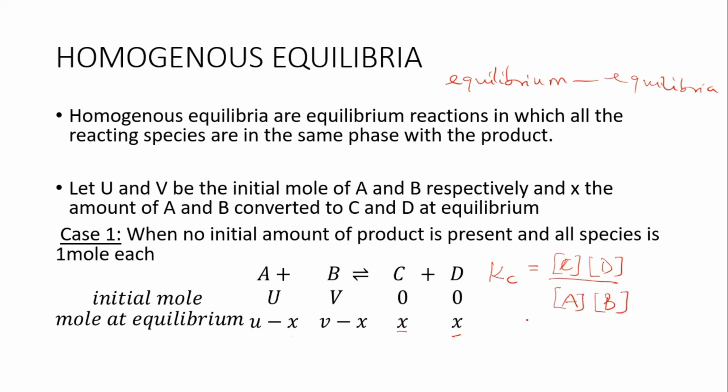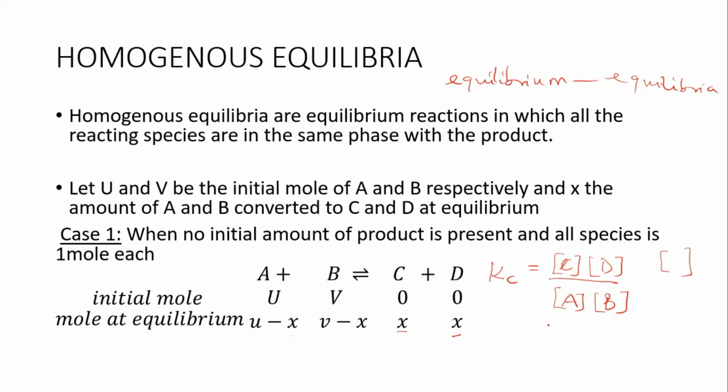The square bracket means concentration. So square bracket C means concentration of C, square bracket D means concentration of D, square bracket A means concentration of A, and square bracket B means concentration of B.